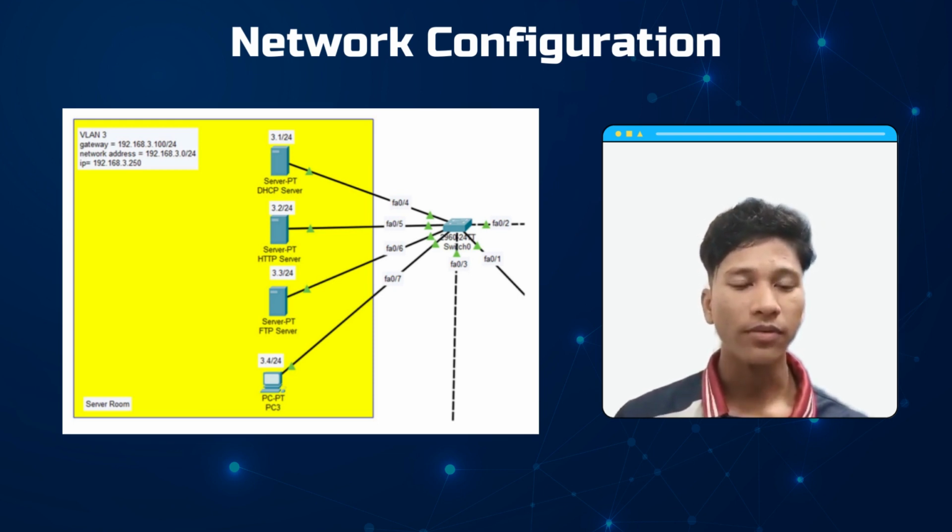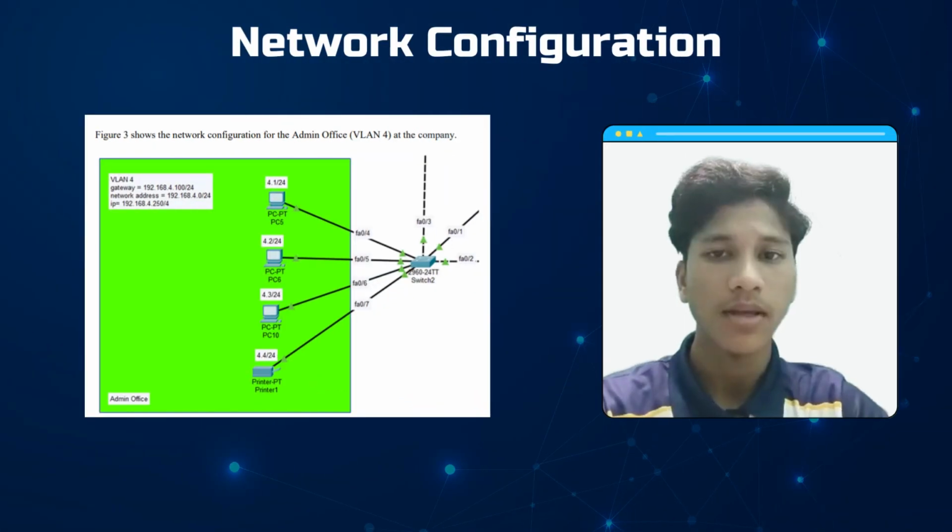The gateway for VLAN 3 was set as 192.168.3.100/24, with the network address as 192.168.3.0/24 and an IP address of 192.168.3.250/24.